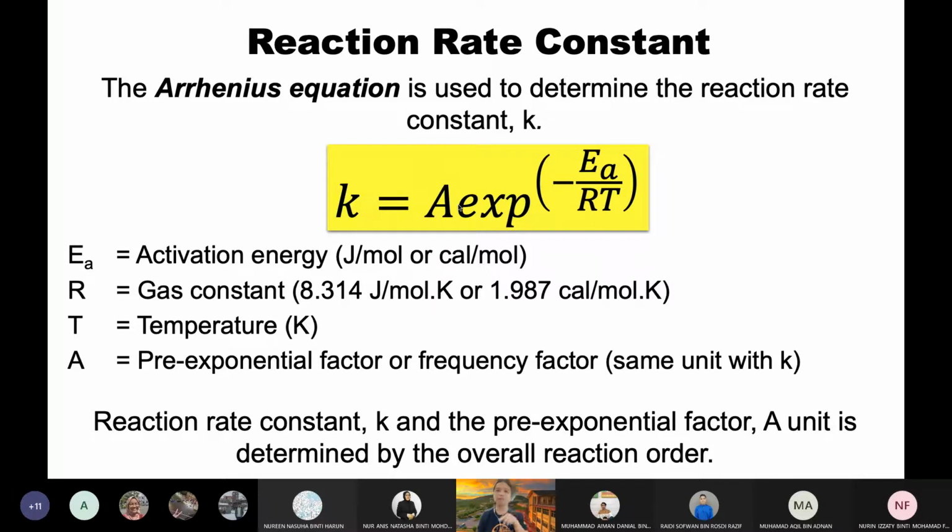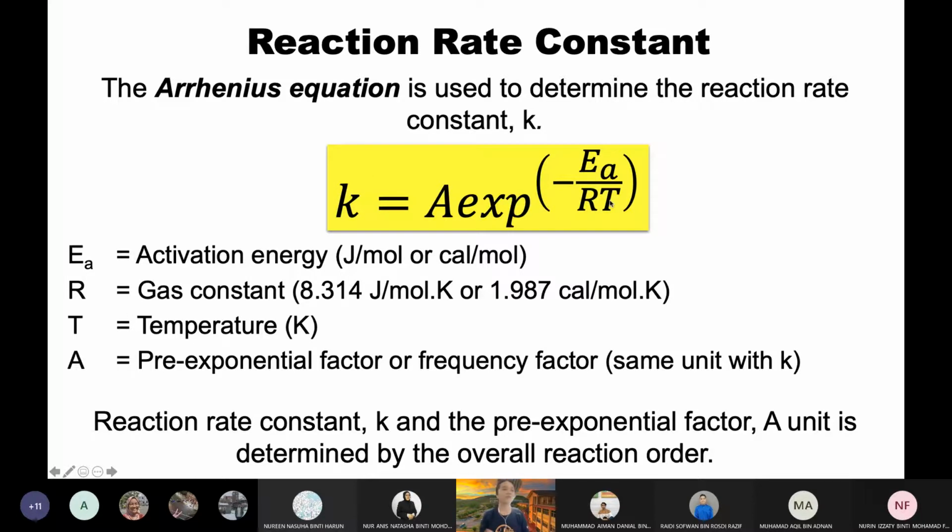Dan exponent, okay, exponent pada calculator, make sure you know how to press exponent. Exponential power in bracket negative. So negative is there, don't forget, is negative EA per RT. Okay, so again, K equals to A exponential power negative EA per RT.